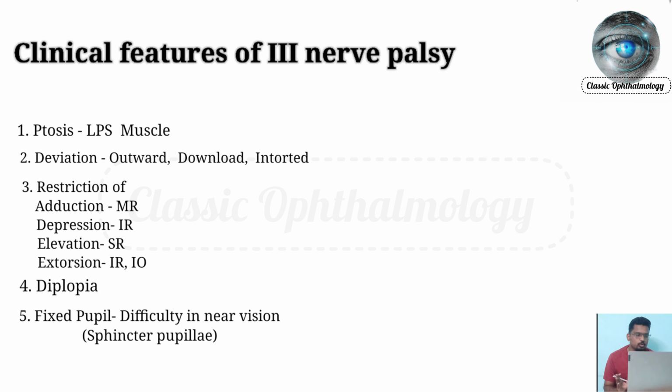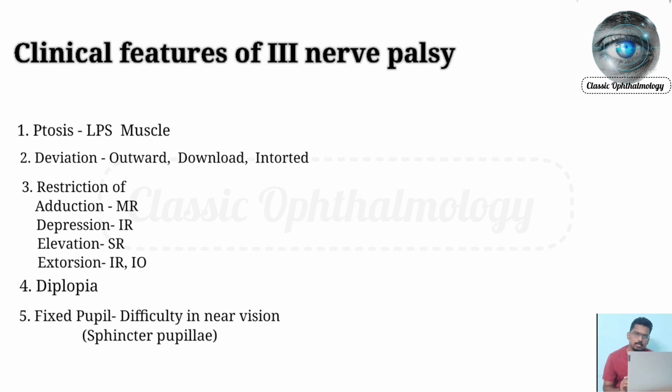Due to paralysis of the medial rectus, superior rectus, inferior rectus and inferior oblique, there is outward and downward classical deviation of the eyeball, due to the unopposed action of the lateral rectus and superior oblique, because the lateral rectus is supplied by the sixth cranial nerve and the superior oblique by the fourth cranial nerve.